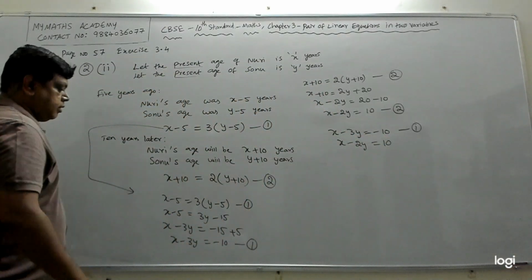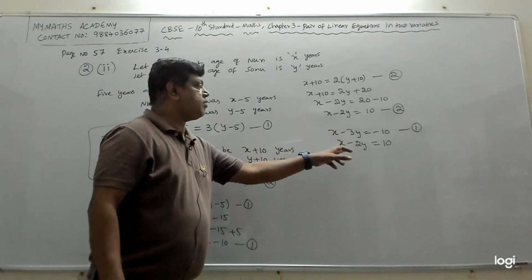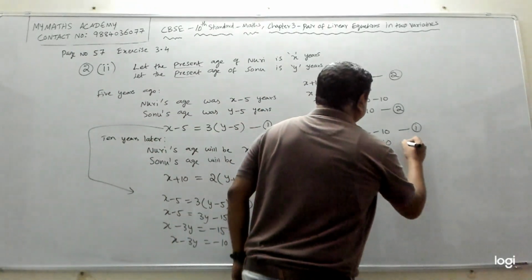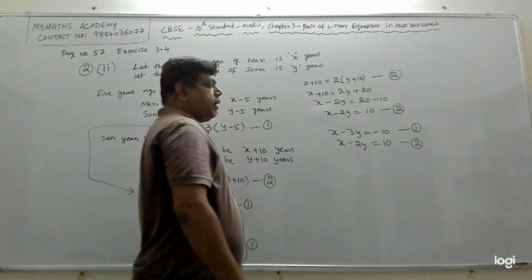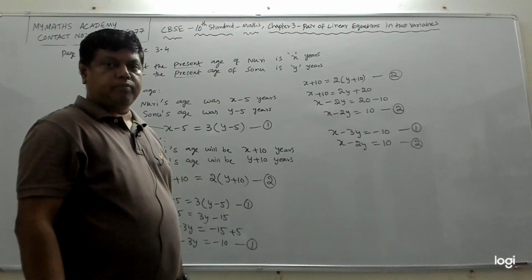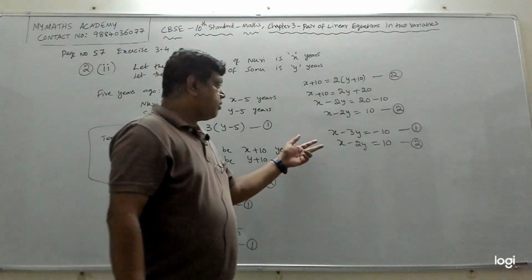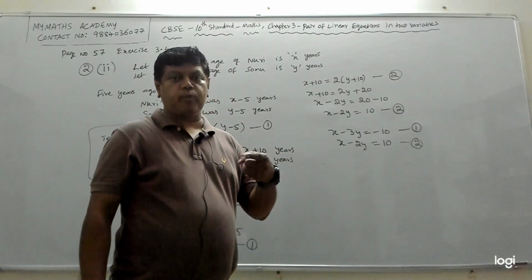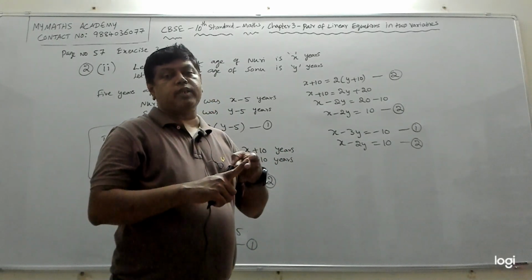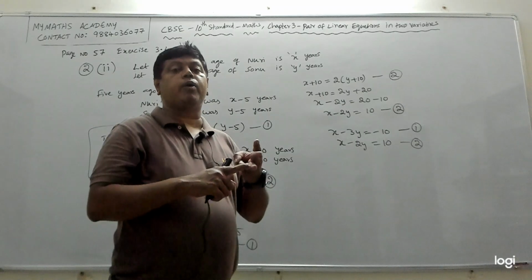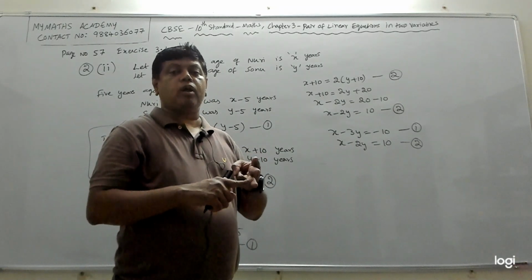These are the simplified versions. There are three parts: first is forming the equations, then we check whether the solution exists or not, and if it exists, we solve by the method of elimination.